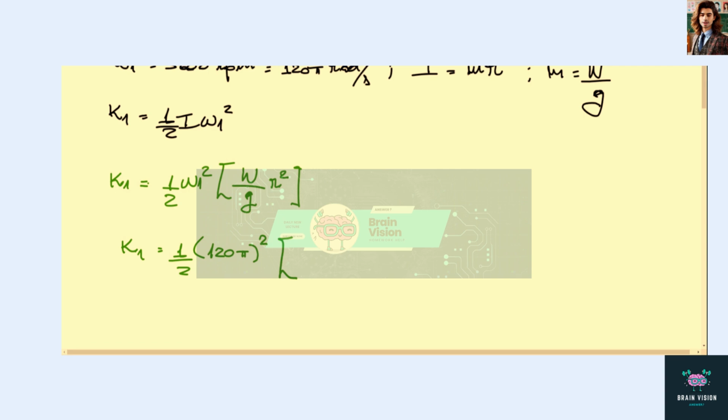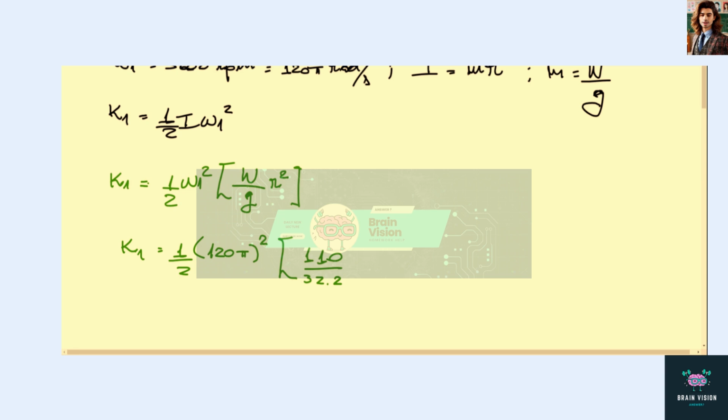That multiplies the weight, which is 110, divided by the gravity, which is 32.2, because we are not in the international system of units, therefore we cannot use 9.8.